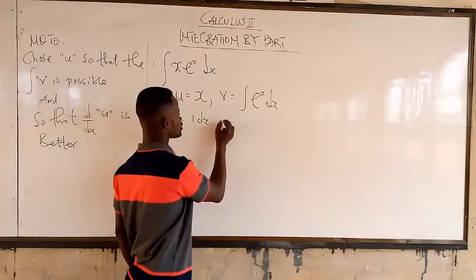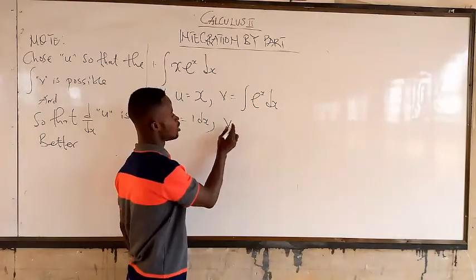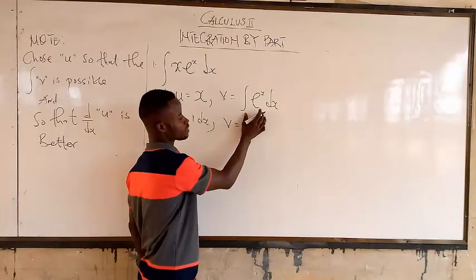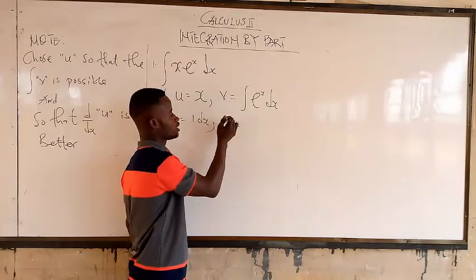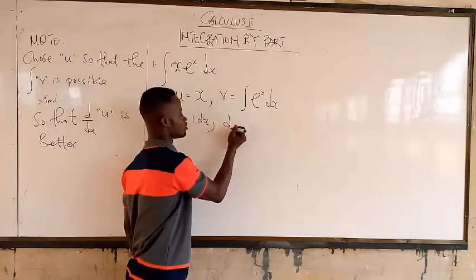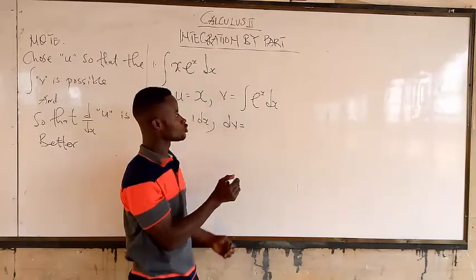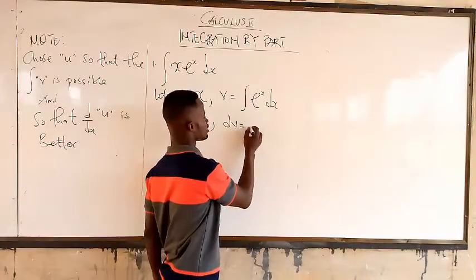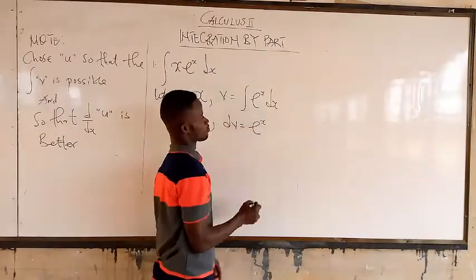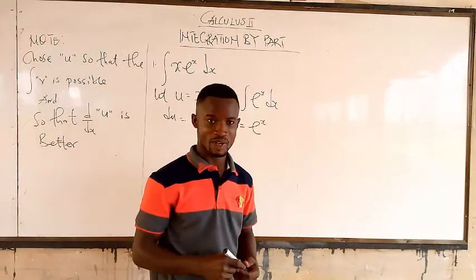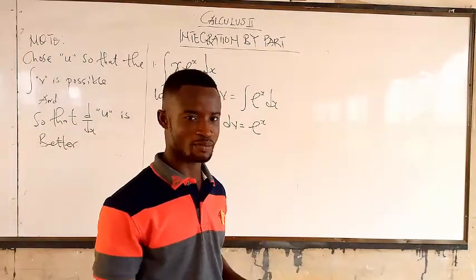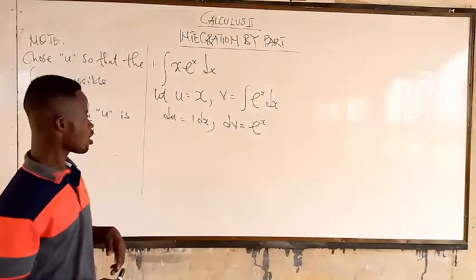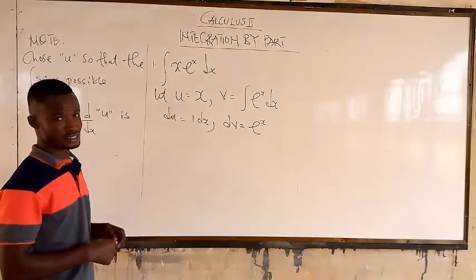And when you are about to integrate, this becomes dv. So when you integrate this, you get e raised to the power x. Yes, after integration we add plus c, but here don't add any plus c.